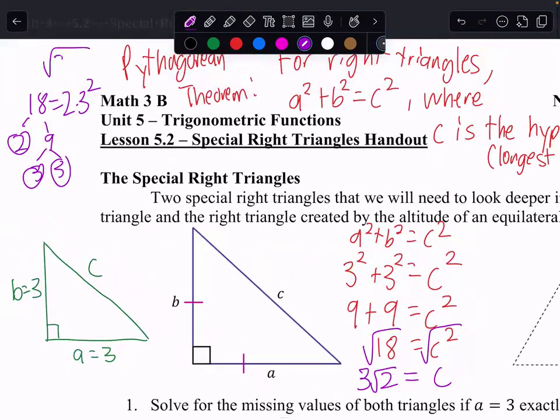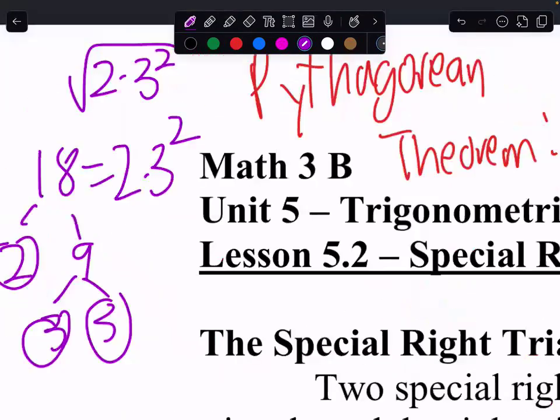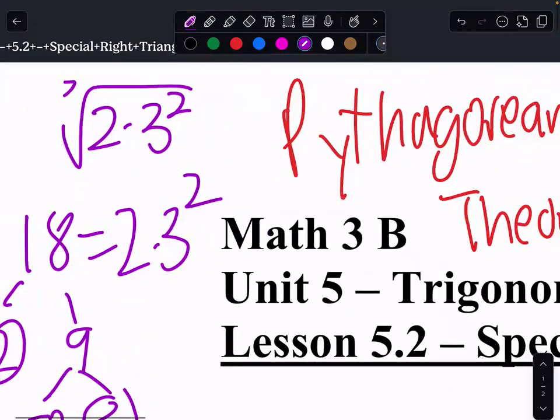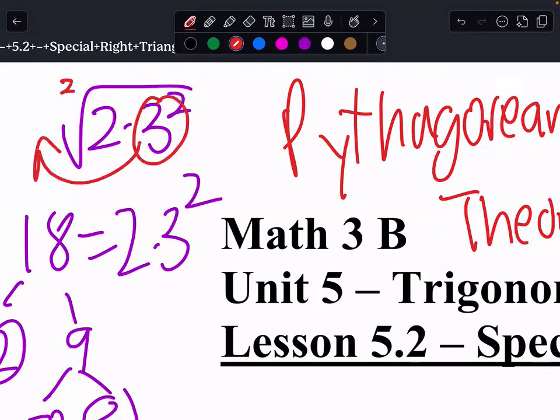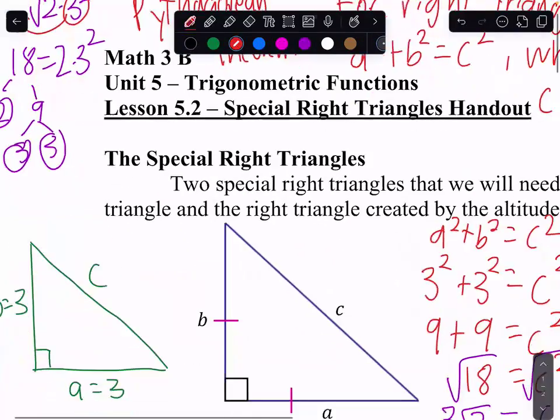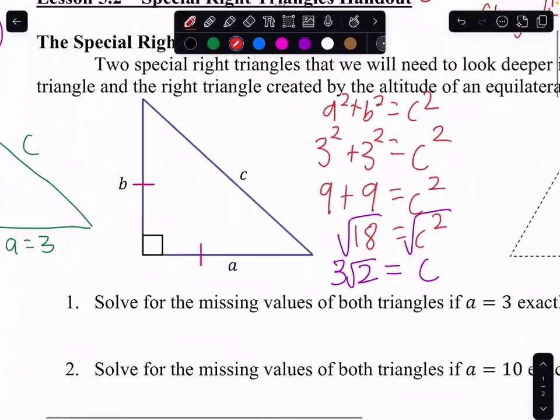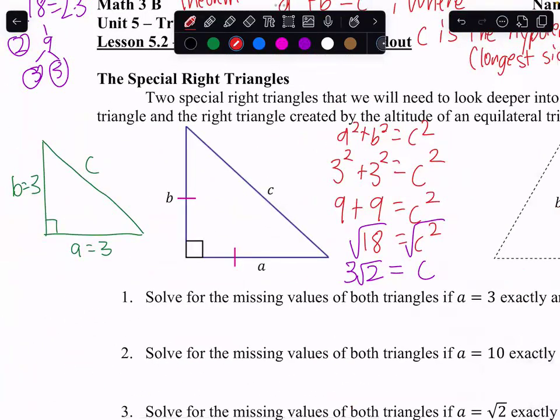Just to be clear, because it's a square root with an invisible index of 2, you can't take the 2 out because it only has an exponent of 1. But the 3 has the correct exponent, so the 3 gets to move in front. So we can simplify to 3 radical 2. When a is 3, b is also 3, and c is 3 radical 2.